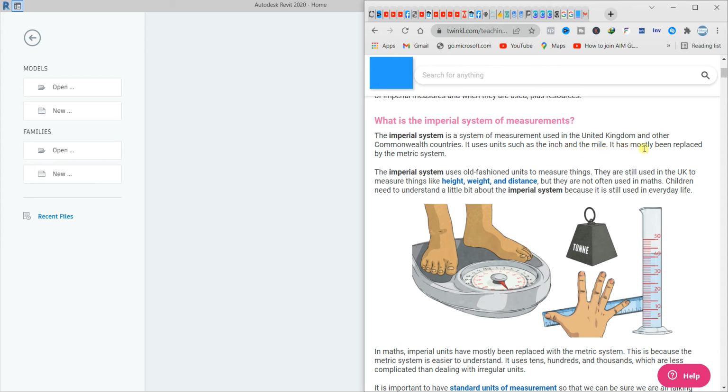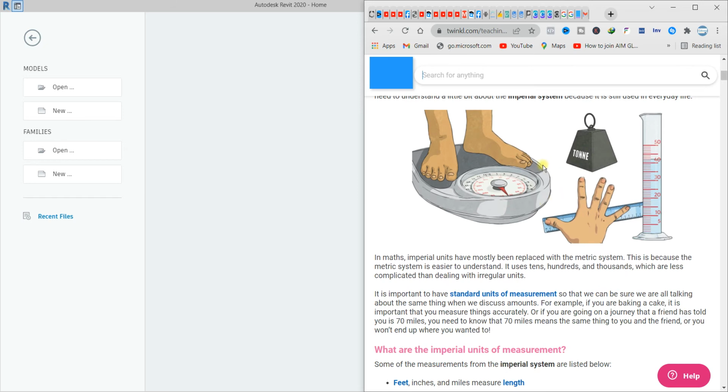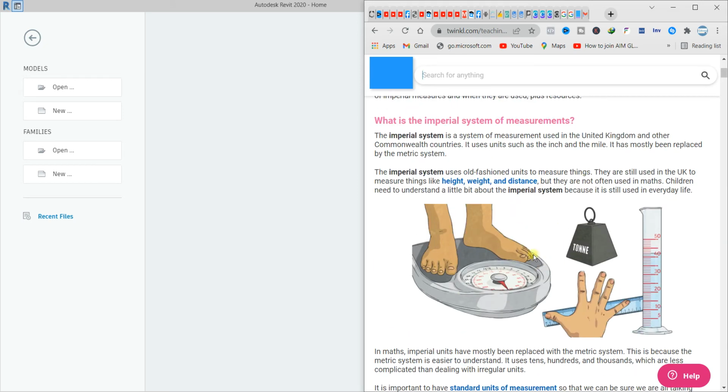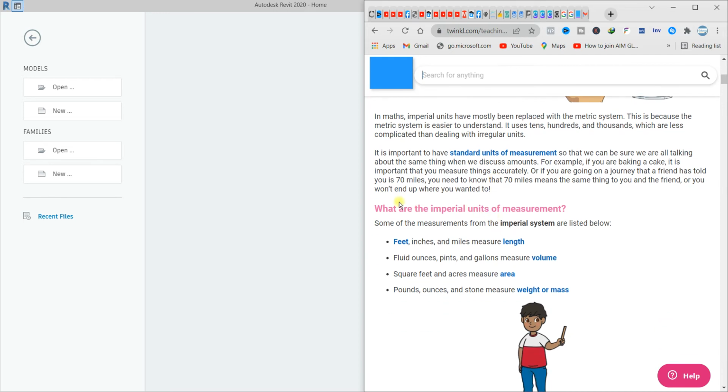This type of imperial unit was first used in the olden days and it has now been replaced with the metric unit. We have some examples here in the picture diagram. For imperial units, they said feet, inches, and miles measure length.